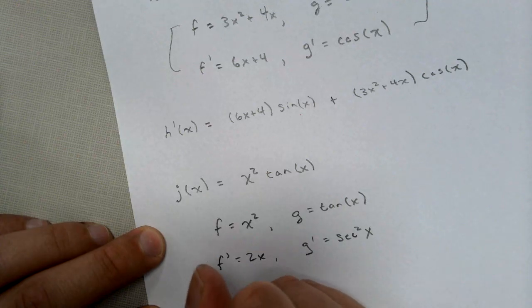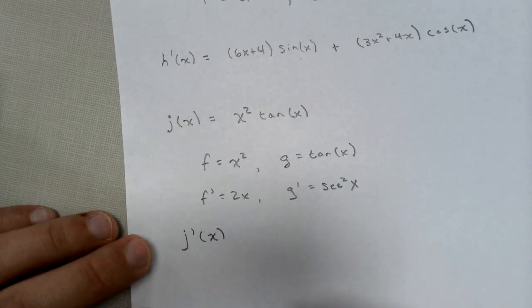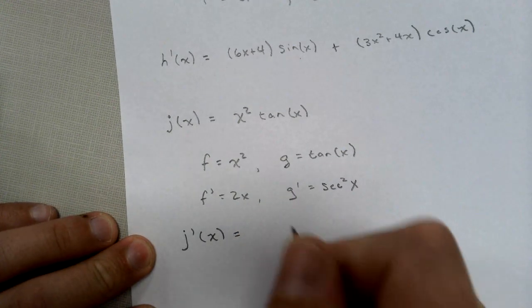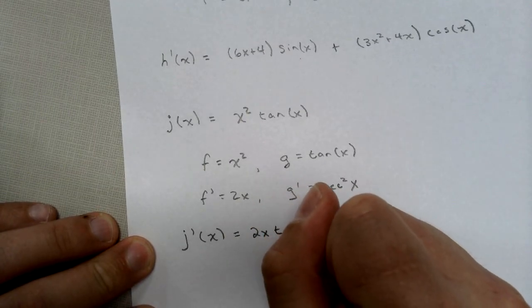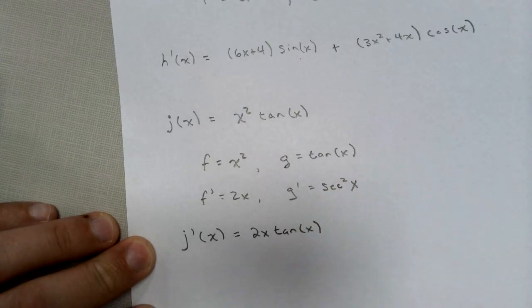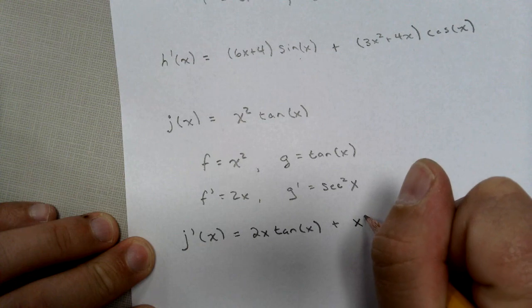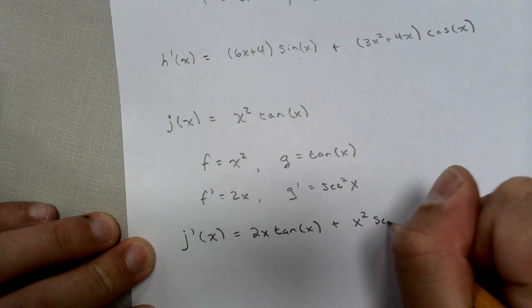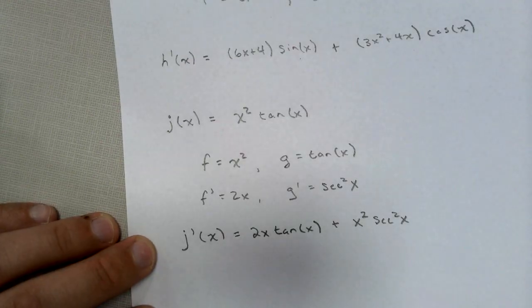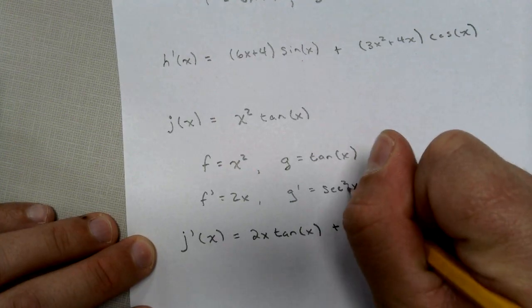So now we can find the derivative of j of x by just plugging in our values into our product rule formula. So j prime of x is equal to f prime, so that's 2x times g, which is tangent x, plus the first, so that's x squared times the derivative of the second, so that's secant squared x. Little parentheses around here.